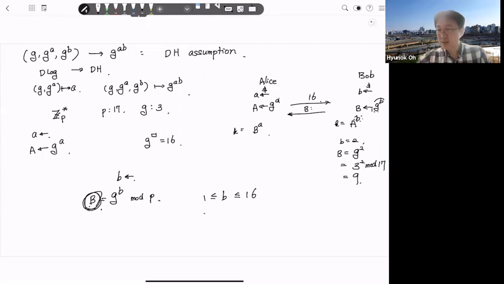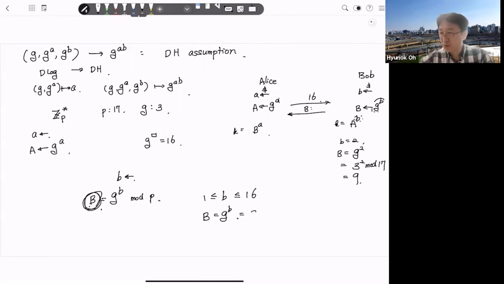So then what's the large B, which is g to the b?